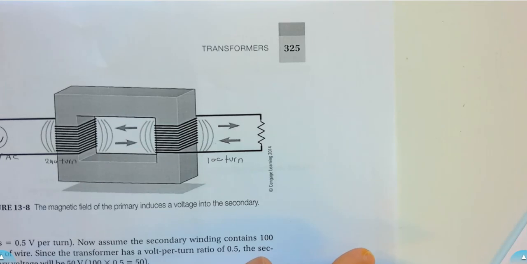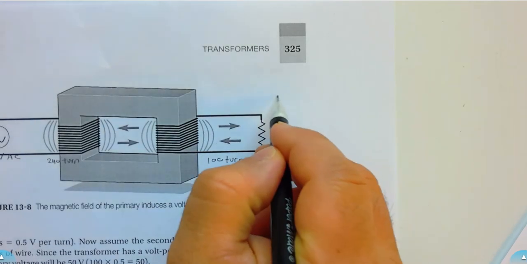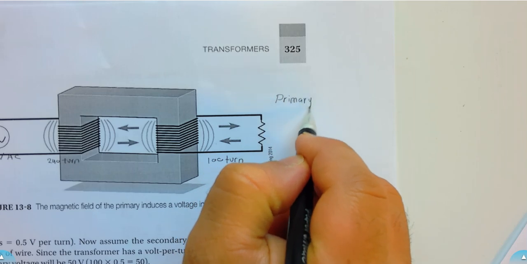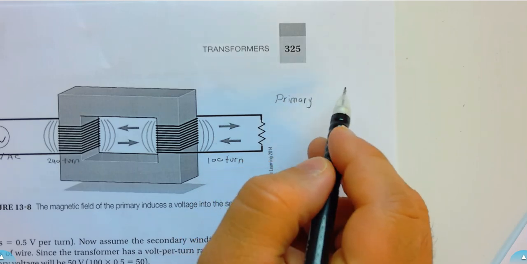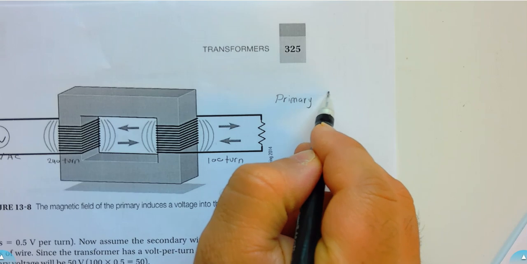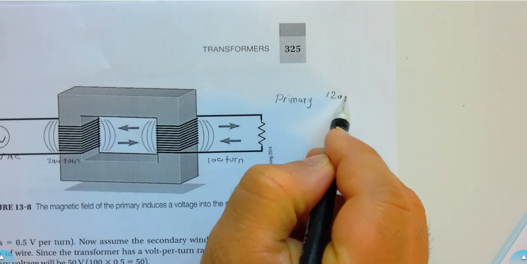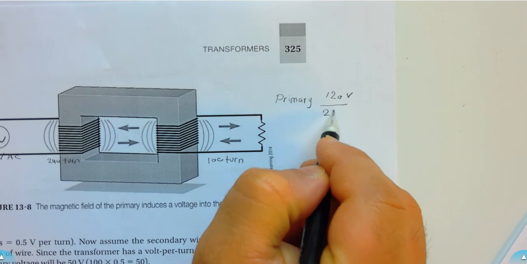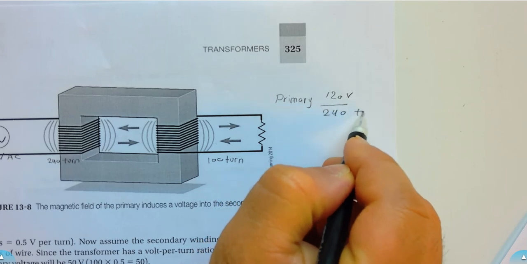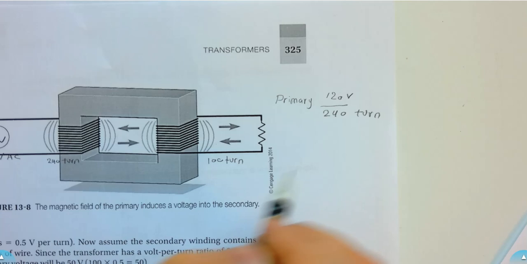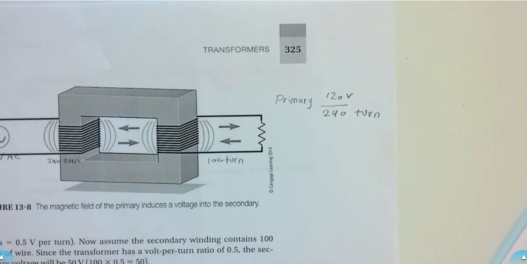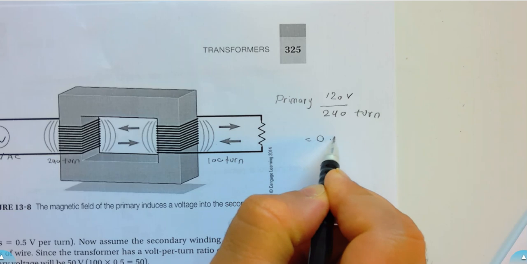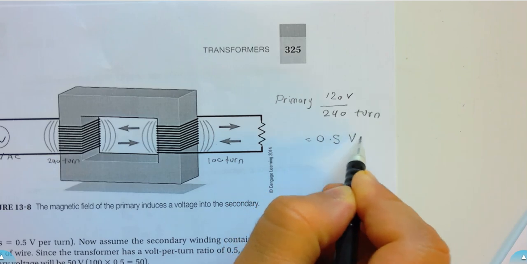In the primary, the voltage per turn ratio is equal to 120 volts divided by 240 turns. This equals 0.5 volt per turn.